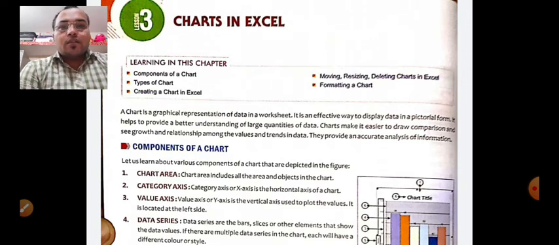Basically, charts are used to explain data. You all know very well about cricket matches.